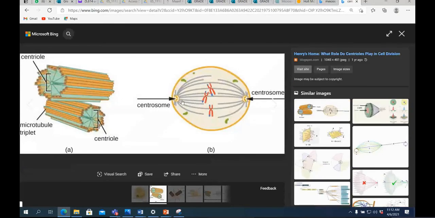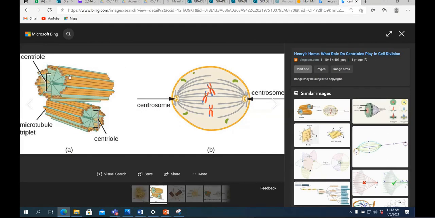Okay, can you see over here? So this is a cell which is taking place during cell division. This is the time wherein the spindle fibers are aligned and they are pulling the chromosomes to each side. This part over here is known as the centrosome, which helps in pulling the sister chromatids like a magnet towards each end of the cell.